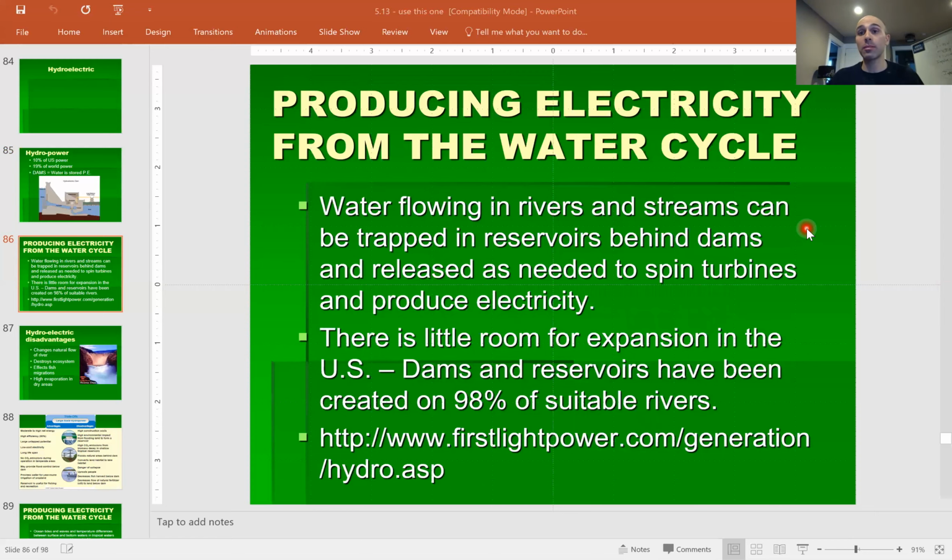There's only so many rivers that are available. If we have dammed them up already and we've created hydroelectric dams, you can't make a river. I mean, you could, but you can't make a river large enough and divert enough water because you'd be taking it away from somewhere else. So this is kind of like a fixed resource.